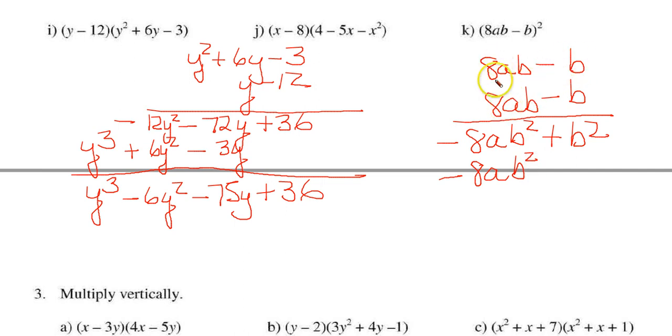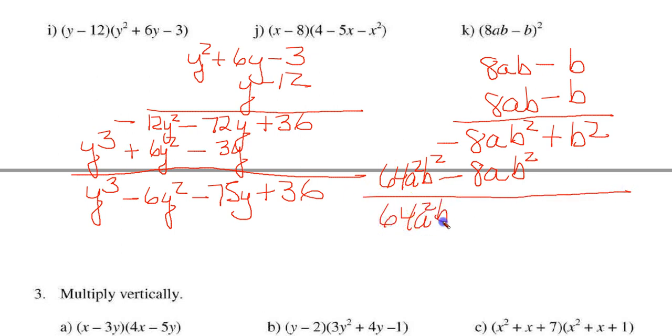And now we're going to multiply this. This is a 64a squared b squared. Now we just add them up. 64a squared b squared minus 16ab squared plus b squared. Okay.